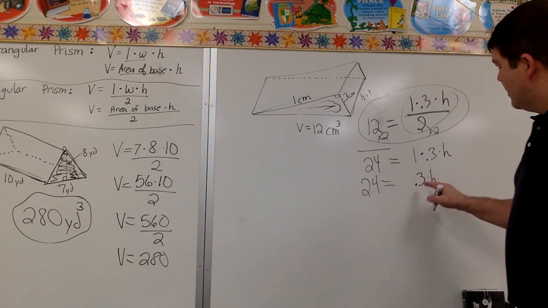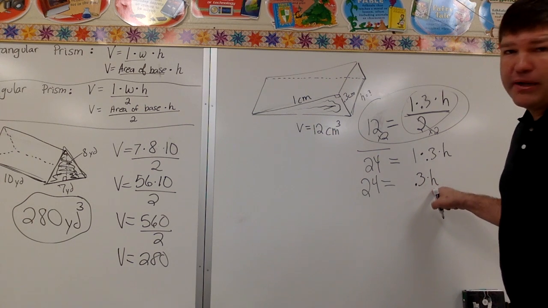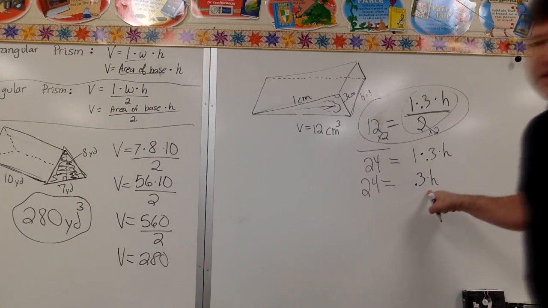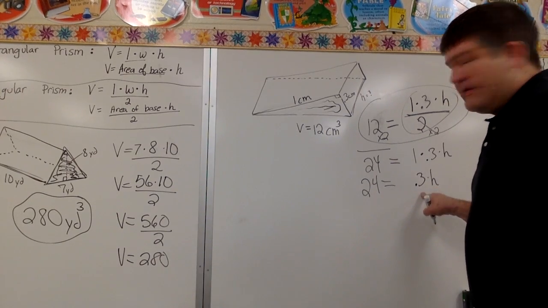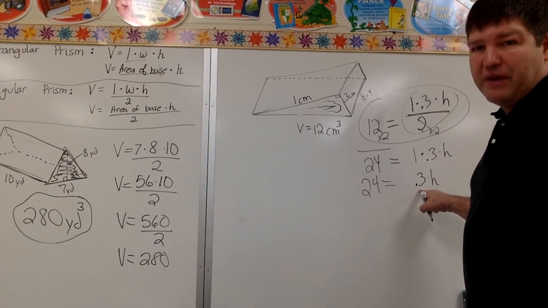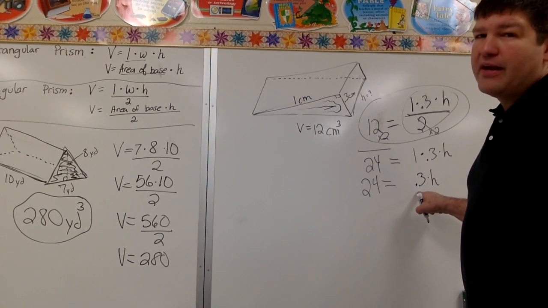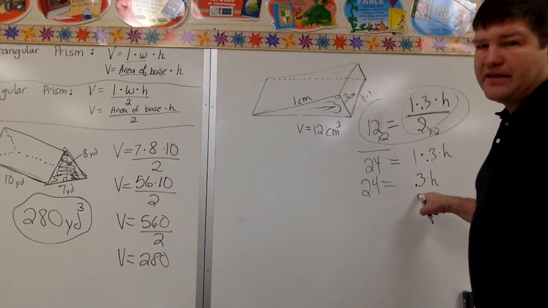Now, I want to get rid of this 0.3 so it can leave my h all by itself. What's happening to the h right now? It's being multiplied by 0.3. If it's being multiplied by 0.3, the way I get rid of it is I do the opposite.